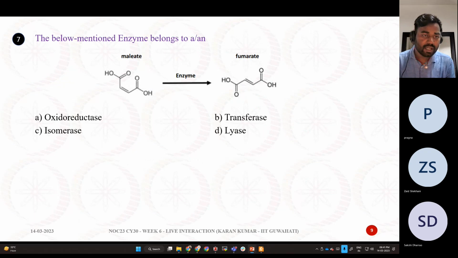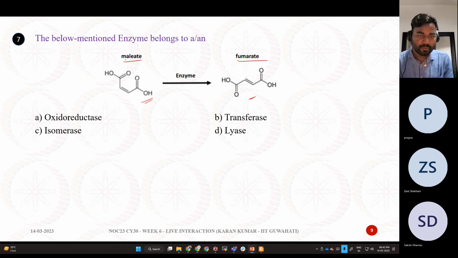So the next question is, the below mentioned enzyme belongs to which class of family? It is converting malate to fumarate. So which class will it belong to? Oxidoreductase, transferase, isomerase, or lyase? It is doing the isomerization reaction, right?